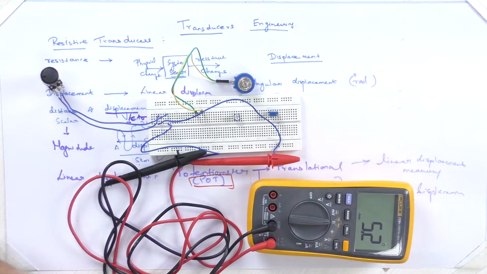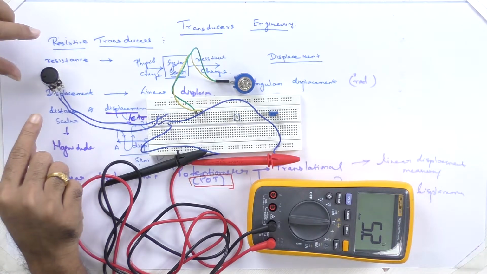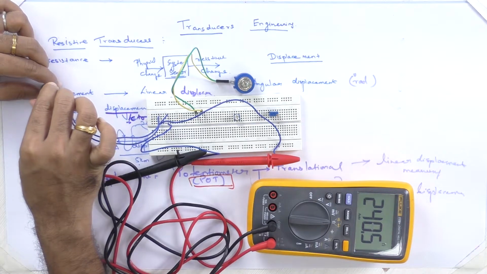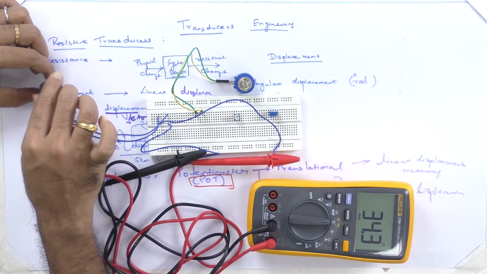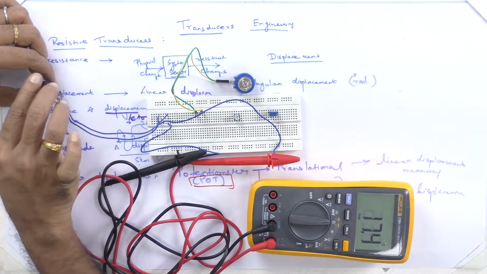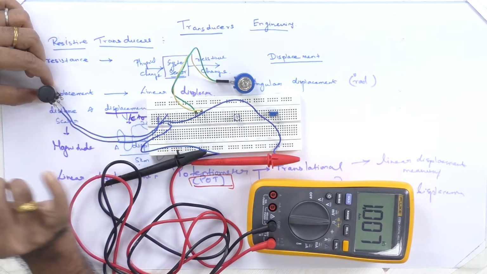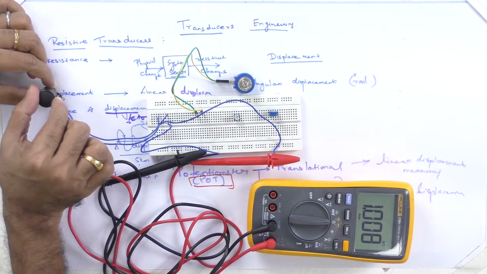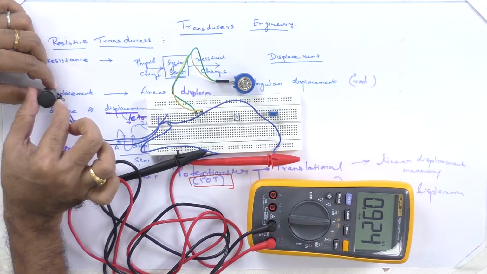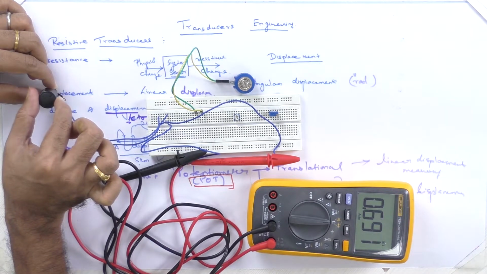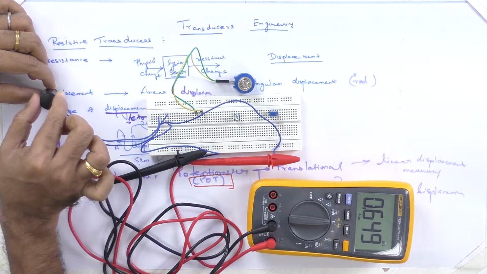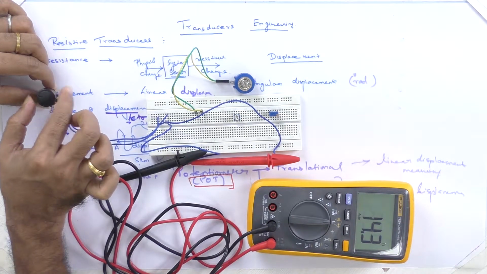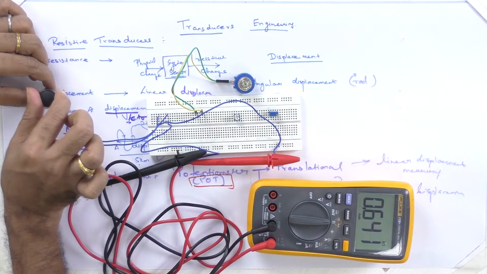This is a normal rotational single turn potentiometer, which has 1 kilo ohm as the maximum. You can see here I am making a turn, and there is an angular displacement happening on one side or the other, which makes a change.